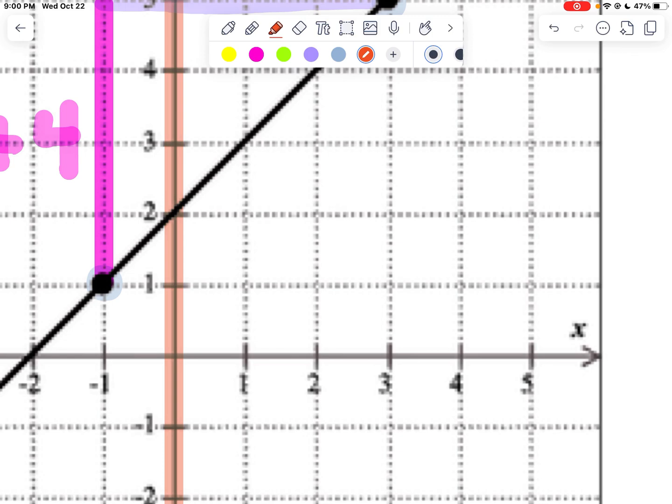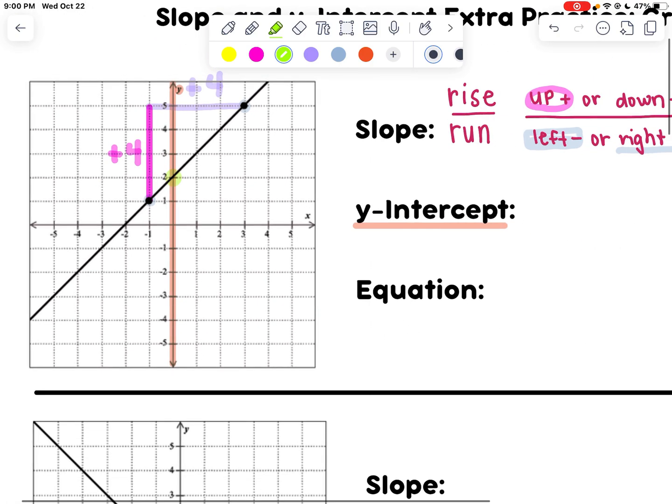So you can see right here in this spot, my function is overlapping the y-axis. So that becomes my y-intercept. So my y-intercept for this would be 2.